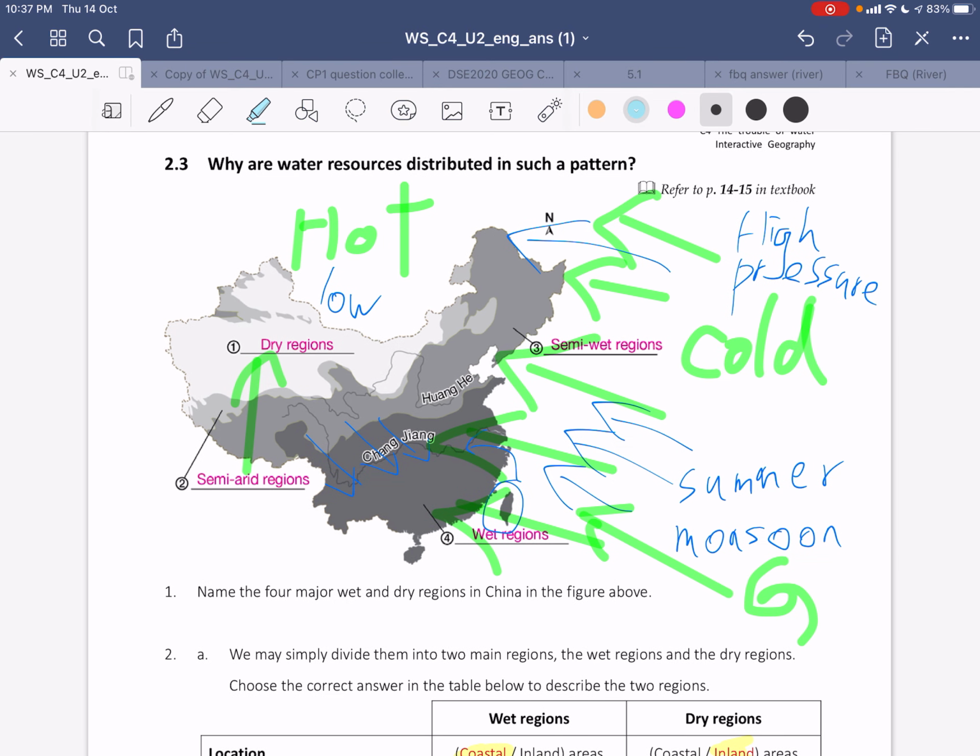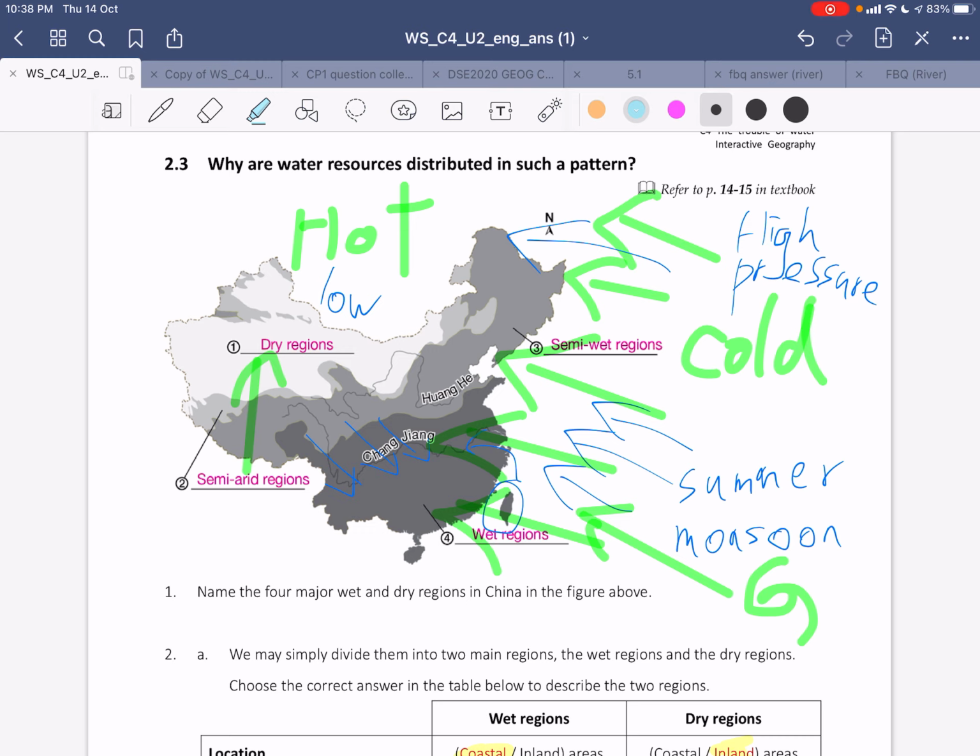Because the summer monsoon, which carries an onshore wind, strikes the eastern part of China. Although it's called the summer monsoon, most of the rainfall in Hong Kong and the whole of China is in the summer. So we have a lot of water brought by the sea, and the eastern part, the recipient of the summer monsoon, gets wetter and wetter.